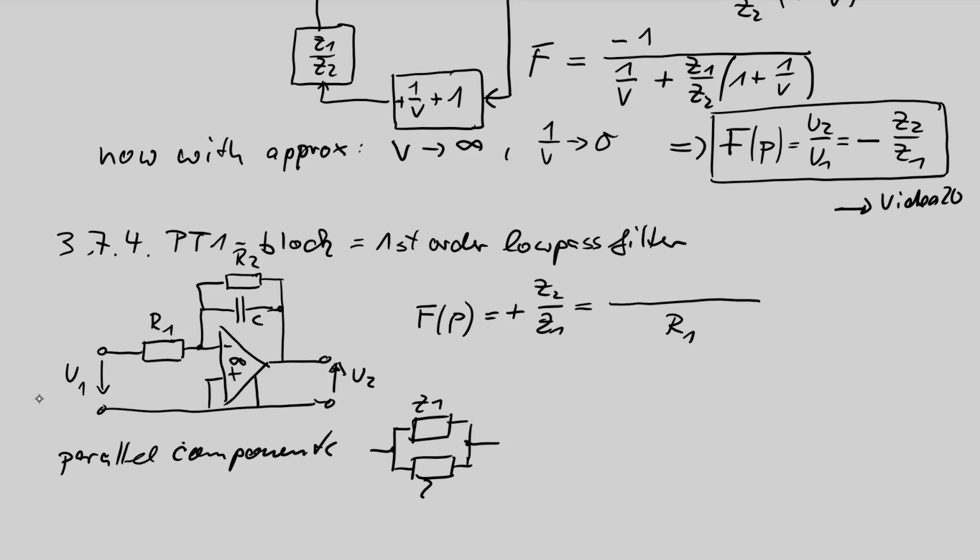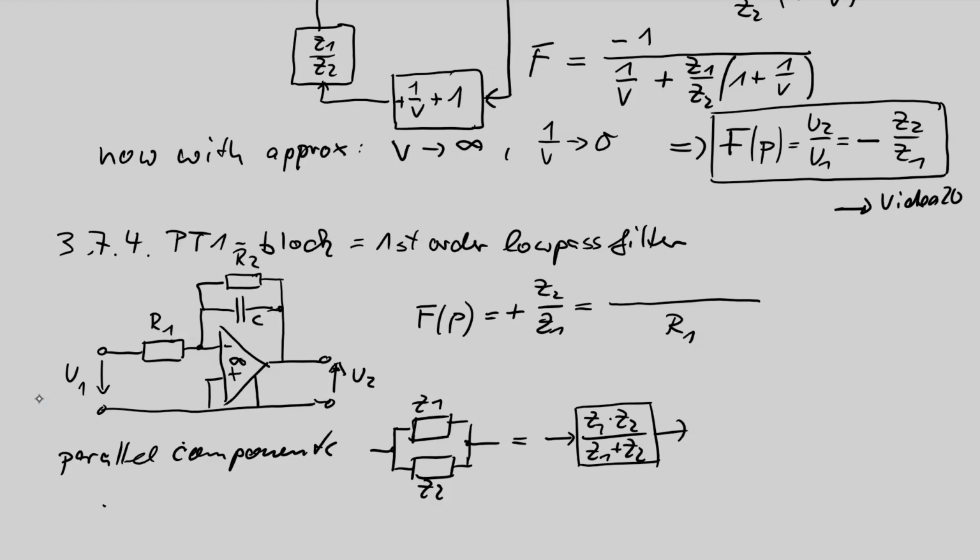If I have a Z1 and Z2 which are connected in parallel, this has a new value which is Z1 times Z2 divided by Z1 plus Z2. I think you know this. That is the parallel circuit equation. This I will use here in the case of R2 and C.